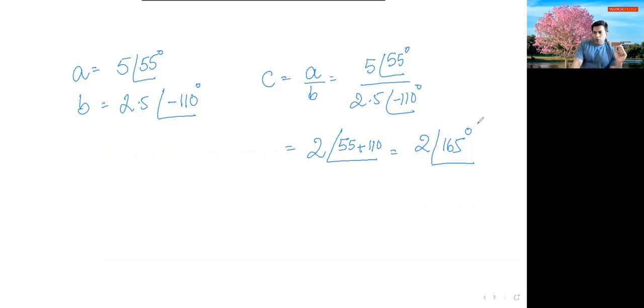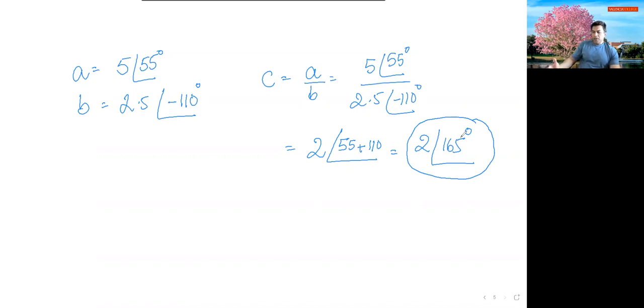So observe how easy it is to do multiplication, well, especially division, if the numbers are given in polar form. If the numbers are given in rectangular form, you first multiply by the complex conjugate of the denominator, both numerator and denominator, and then simplify it.